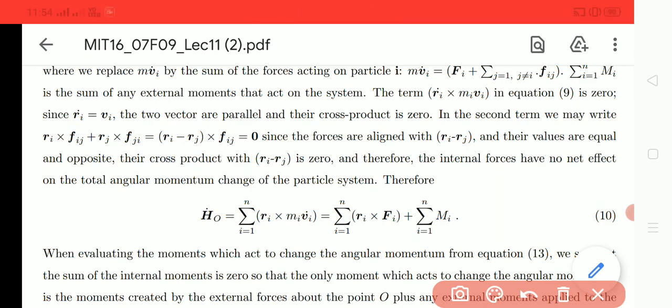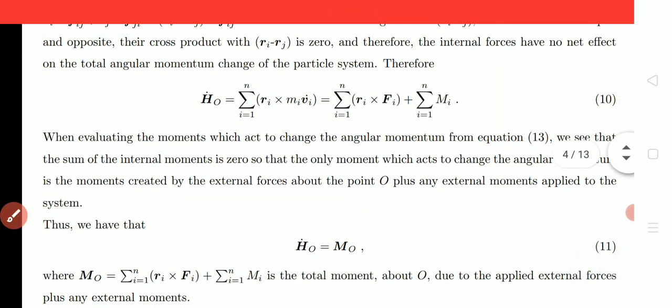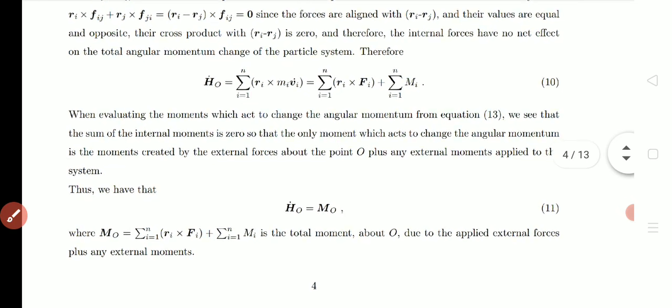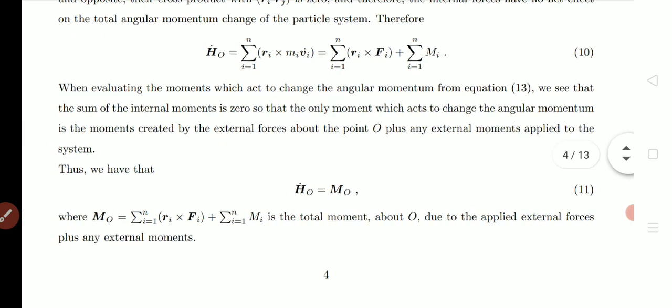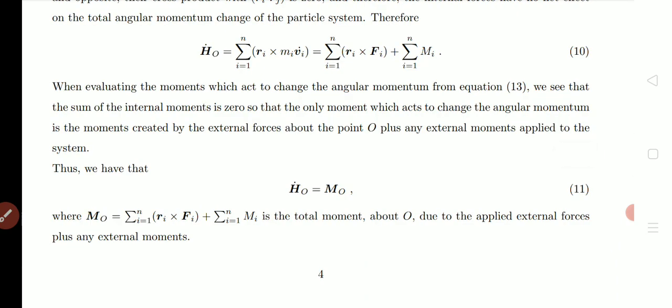When evaluating the moments which act to change the angular momentum from equation 13, we see that the sum of the internal moments is 0, so that the only moment which acts to change the angular momentum is the moment created by the external forces about the point O plus any external moments applied to the system.